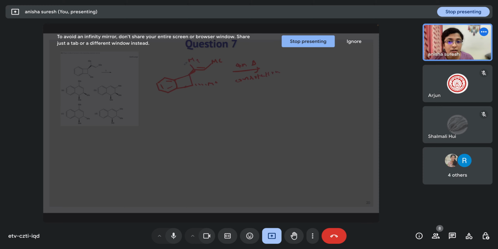Okay. So if we do conrotation in this fashion, this bond which is above the plane will be coming inside. This hydrogen which is above the plane will come outside, and this methyl will go inside. So we can draw it in this fashion.